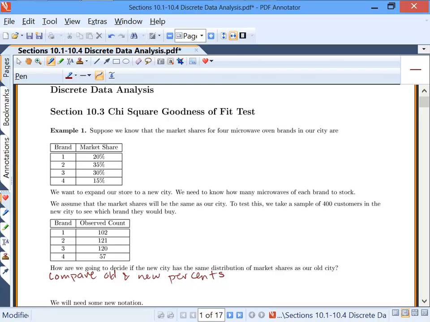We can compare the percentages, which also means proportions, or we can compare counts. When we worked with proportions before, what did we change it to before we found probabilities for proportions? Counts. So you would compare the old and new percentages or counts, either way.